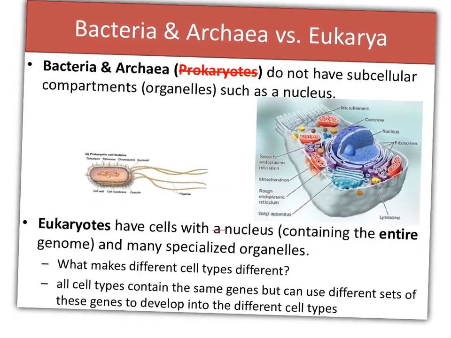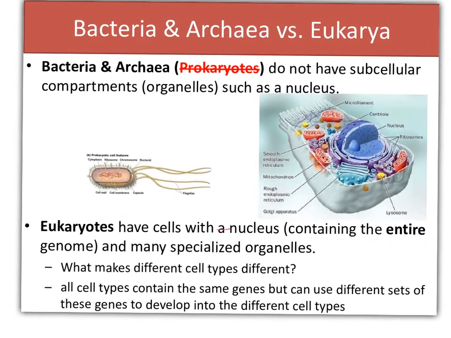Now, as I mentioned, bacteria and archaea versus eukarya. It says prokaryotes up there. I want you to get rid of that notion from your mind. Prokaryotes were everything that didn't have a nucleus, hence bacteria and archaea.